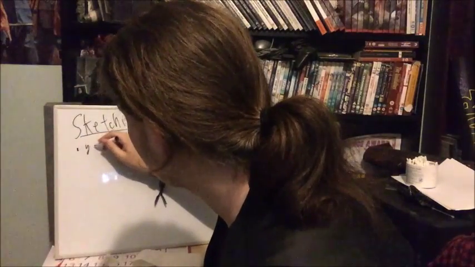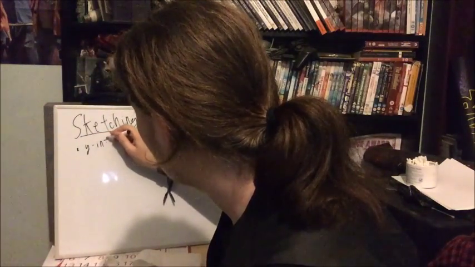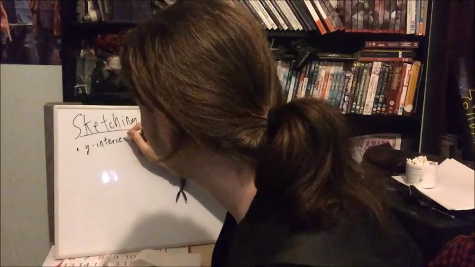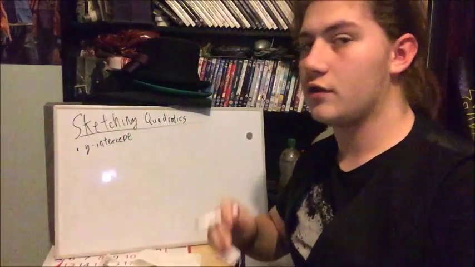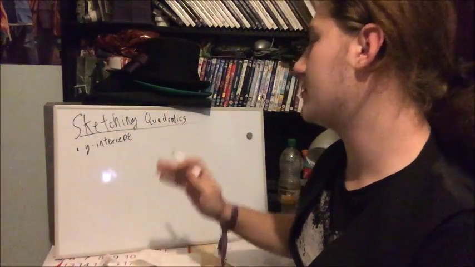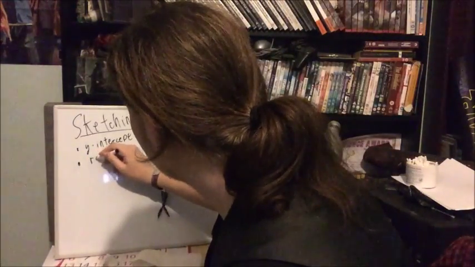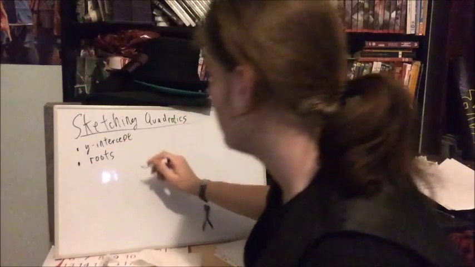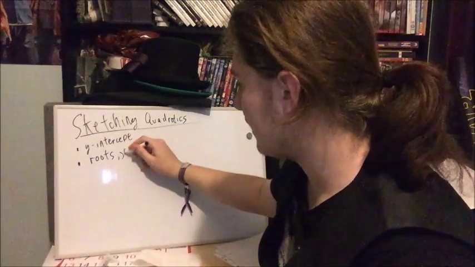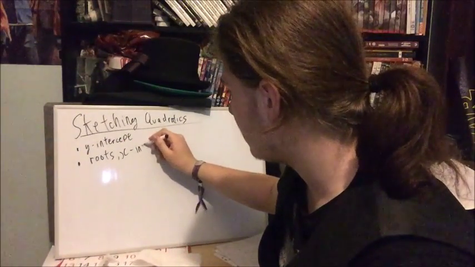So when you're sketching quadratics, you want to find a couple of things. One of which, easy to find, is the Y-intercept. If you really know linear graphs, then you know what the Y-intercept is. The roots, or I suppose X-intercept, if you want to call it that.